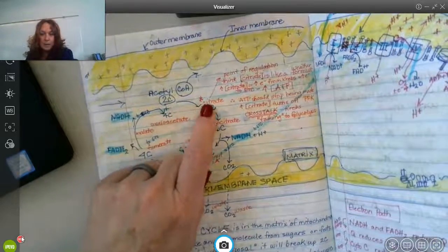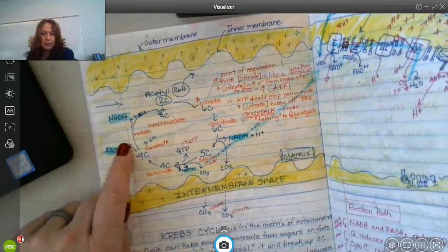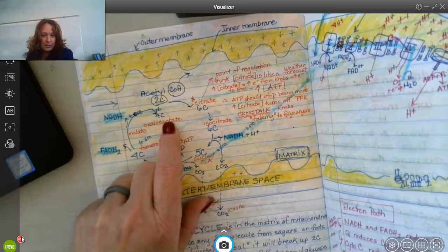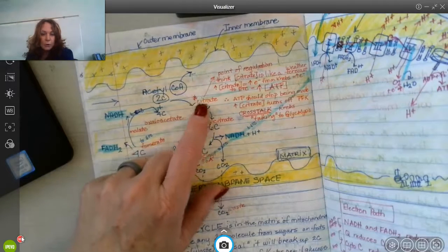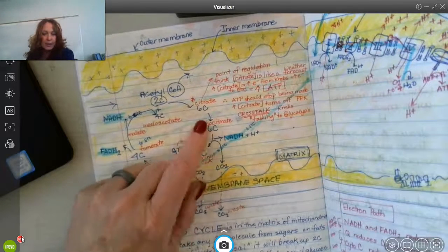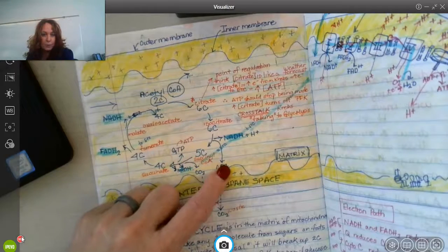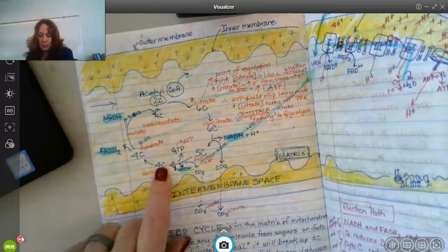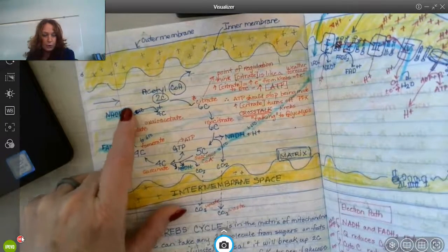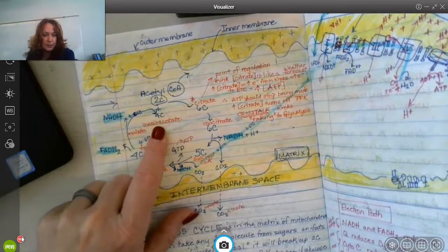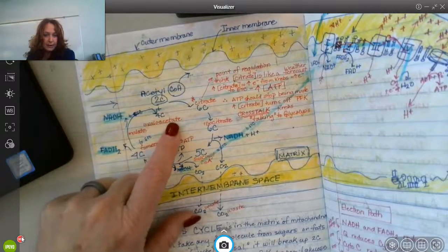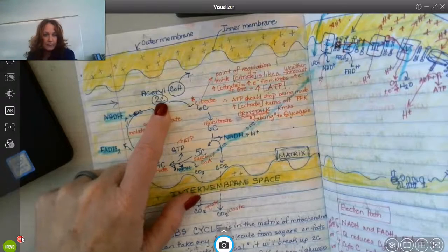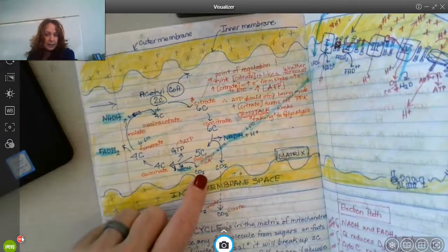And these 2 carbons are going to go through this transformation of being added to a 4-carbon molecule, oxaloacetate, and then you're going to start a 6-carbon cycle where you snap off 1 carbon of the 2, another carbon of the 2, you're back to a 4-carbon molecule, and then you regenerate this precursor, this beginning part of Krebs, which is oxaloacetate. So as this happens, these 2 carbons are completely gone. They've been released as carbon dioxide as waste.